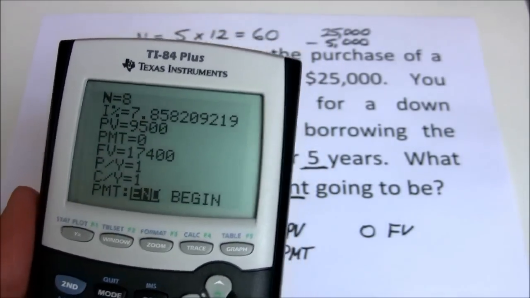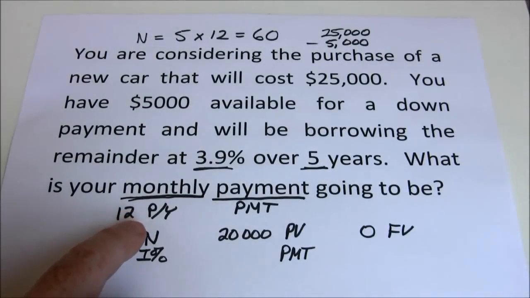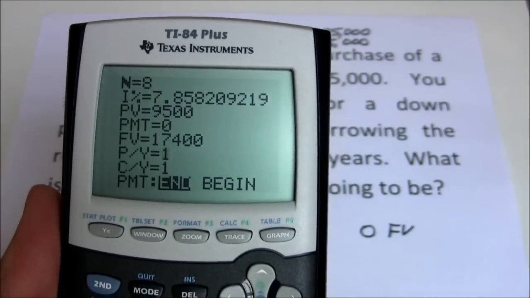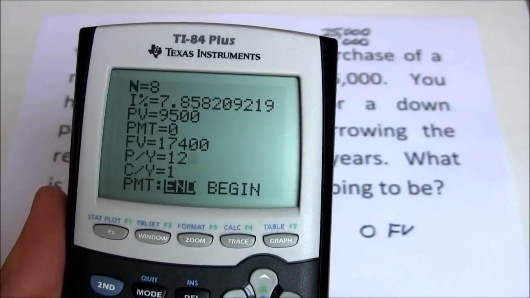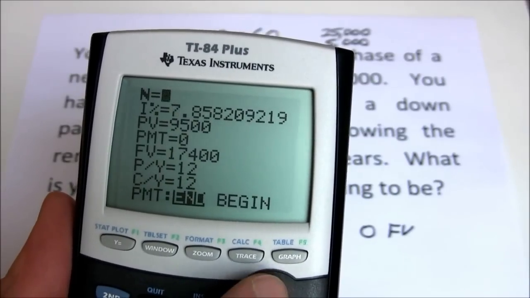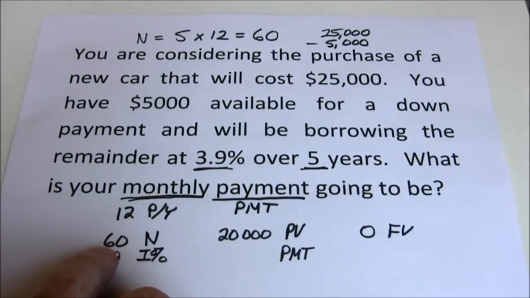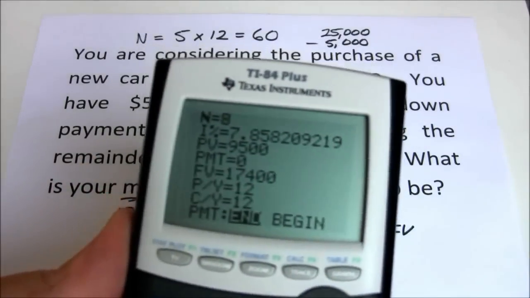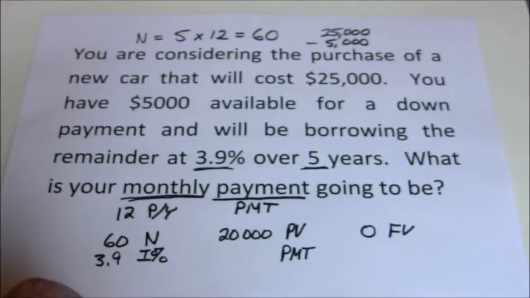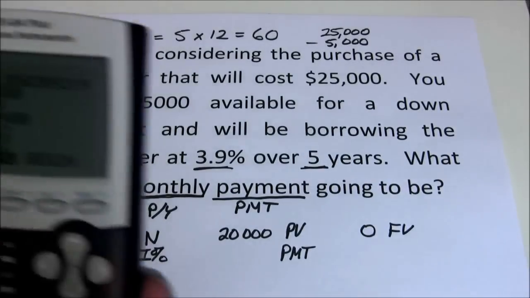Now remember here, 12 periods per year. So let's scroll down to the P/Y, make that 12, and now jump back up to our N. Our N was 60. Go down.